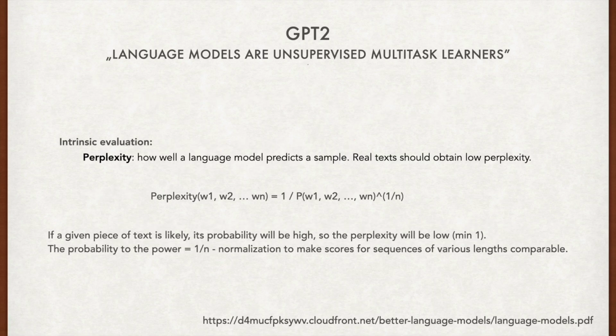Finally, they also evaluated the language models without using an external task, like summarization or question answering, and they used the intrinsic evaluation using a perplexity measure for this task. Perplexity tells us how perplexed the language model is by seeing a given sequence. And the idea is pretty simple. The language model itself can be used to assign probabilities to sequences of texts.